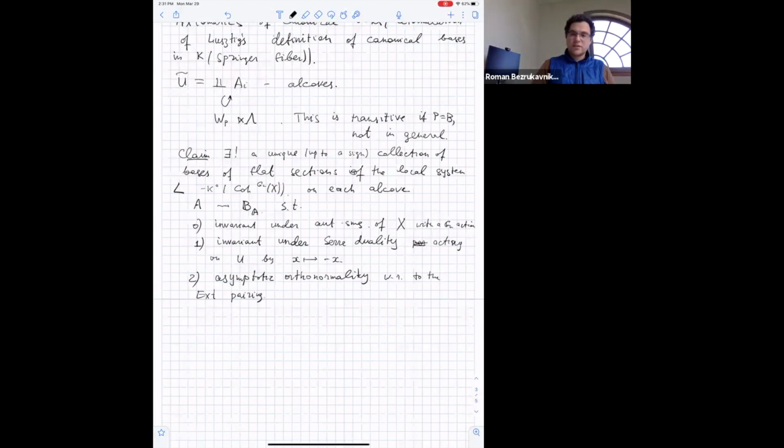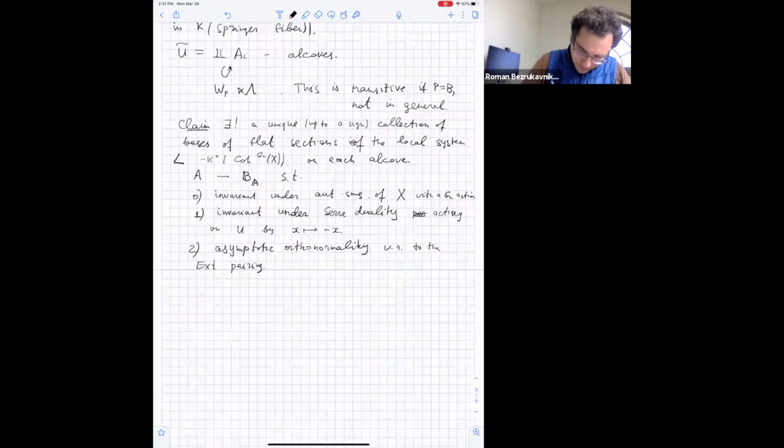And asymptotic means that this pairing takes values in Z of V, V inverse, where V corresponds to the tautological character of C star.